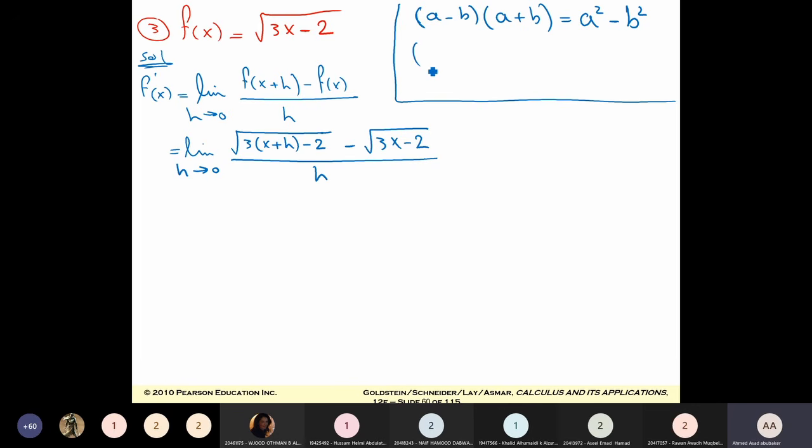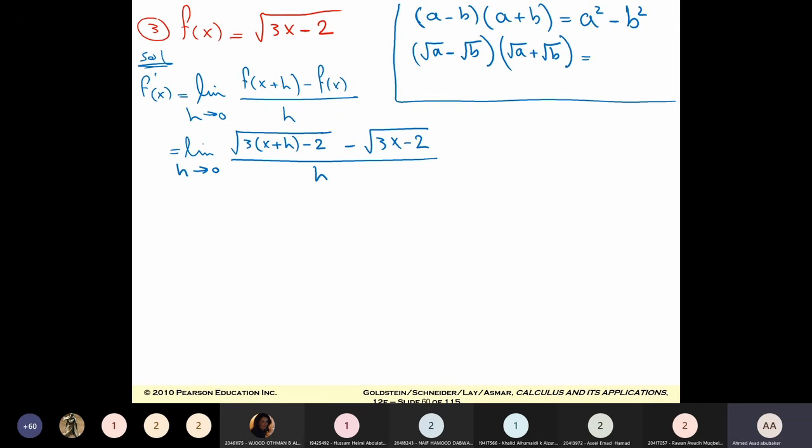Now, if we have radical A minus radical B, we can multiply these roots with radical A plus radical B, the same roots, but between them plus.